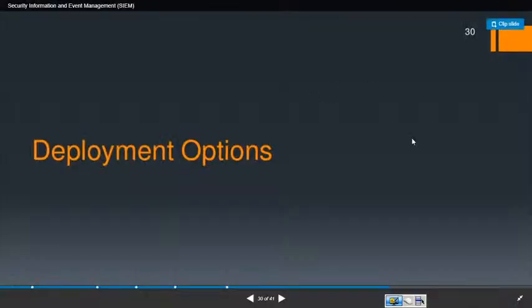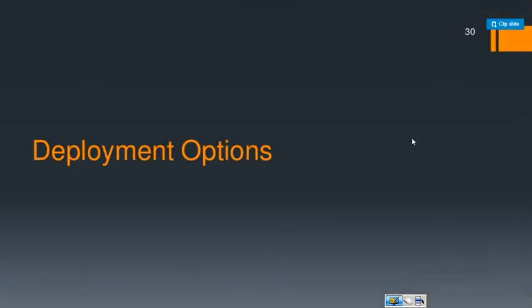So, good morning, everyone. Today we'll discuss how a SIM is deployed in an organization and the different types of deployments. Your company might be a small startup, but there might be a chance where it requires you to implement a SIM.